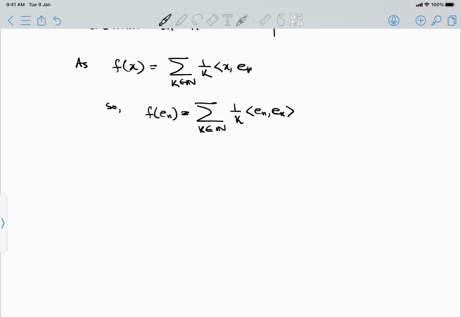I am writing k as the dummy index, and as the Ek are an orthonormal basis, this will be 1.